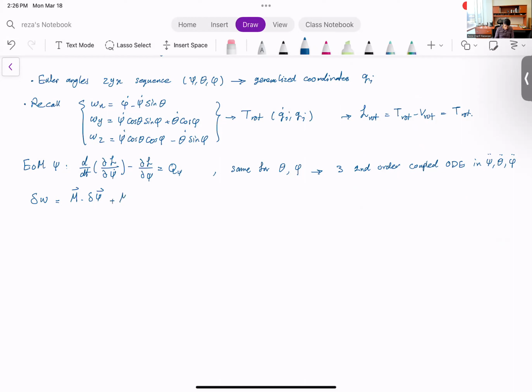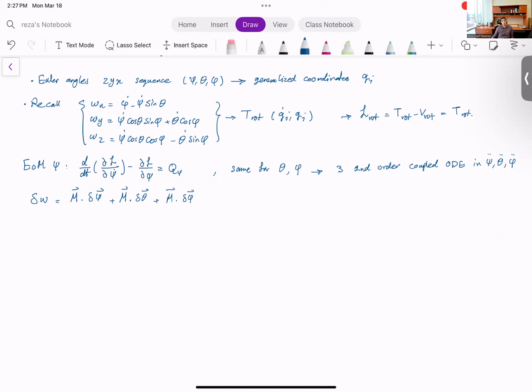I can do the same with M and a tiny wiggle, delta theta, and lastly I can wiggle a little delta phi.